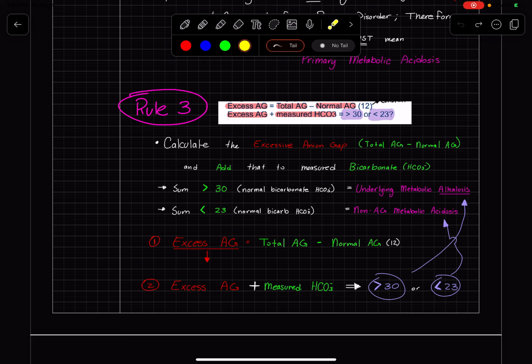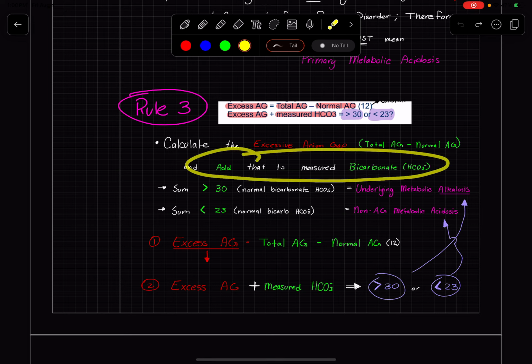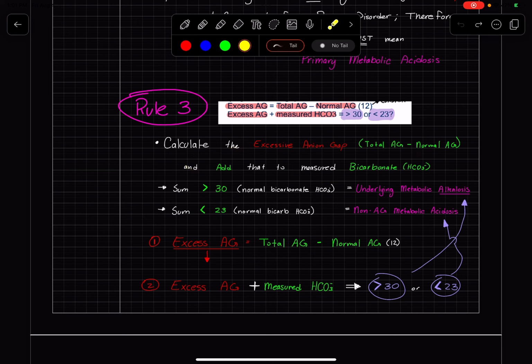And then later on, we're going to add our bicarbonate that was given to us in the vignette or in the problem or in our lab sheets that we got back from the lab when we were in clinic. So what happens is, up here, you see the 20, the 30, and the 23, right? So if the sum is more than 30, which makes it outside the normal range of bicarbonate, in this situation, I think they're saying the normal range is 23 to 30 instead of 22 to 26.